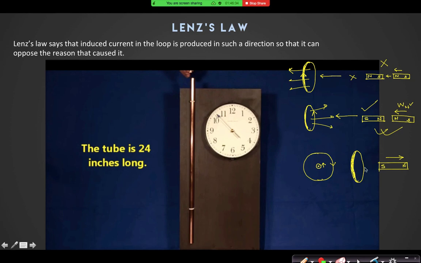Why? Because the magnetic field lines are in this direction, so in this direction the magnetic field is decreasing as you take the magnet away. So you have to produce current downward, in this direction, so that it can increase the magnetic field in this direction.